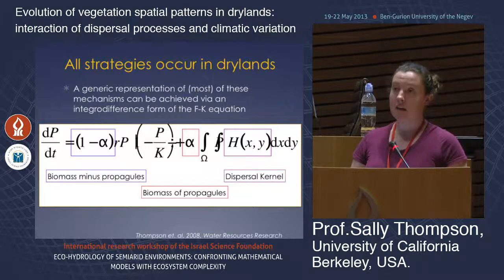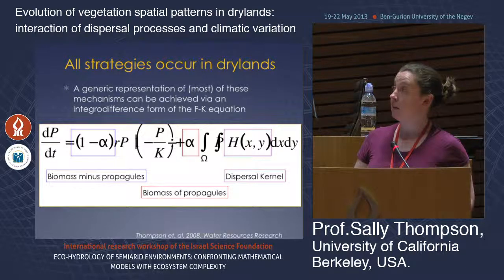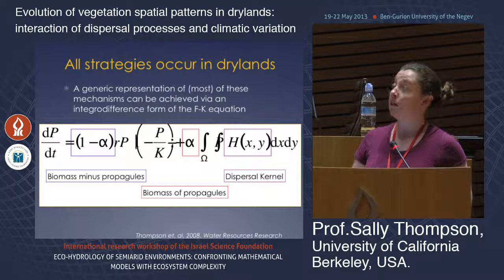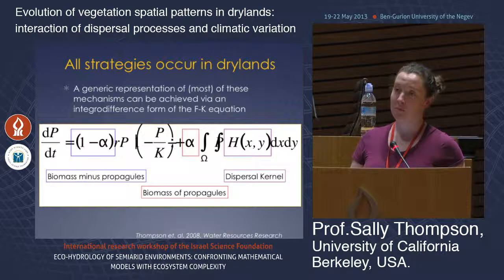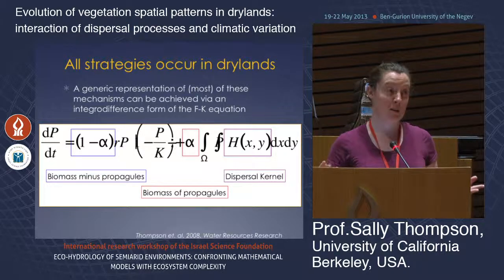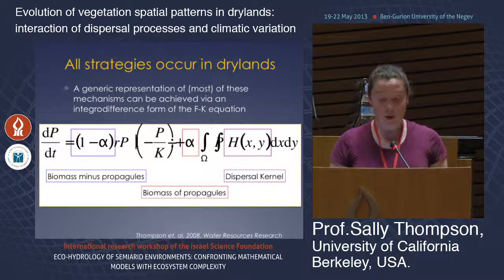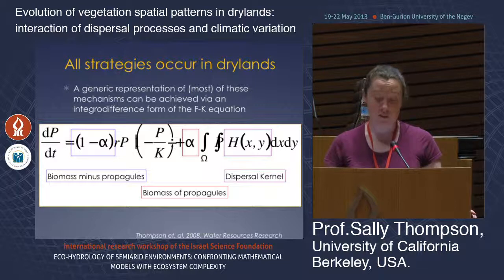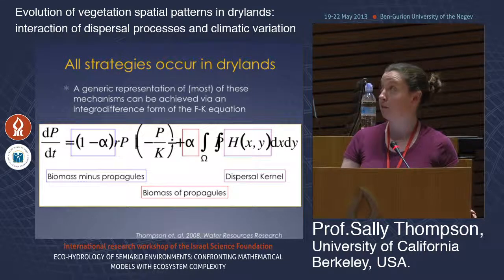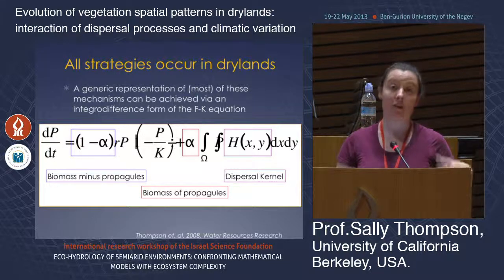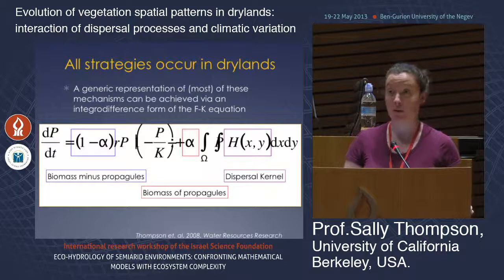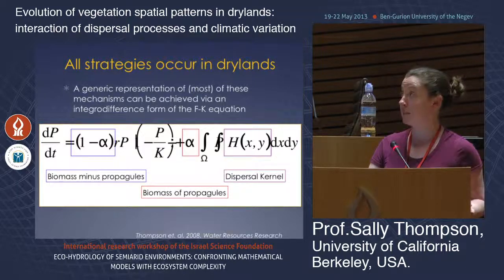What we're doing here is separating the biomass that's present in any cell, or our biomass density in any cell, into essentially an immobile component that represents the fixed biomass that isn't moving around in space, and a mobile component which is going to do the motion. Our immobile component continues to do logistic growth, and all of the spread is now occurring only within the mobile component of the biomass, which we're taking to represent the seeds.